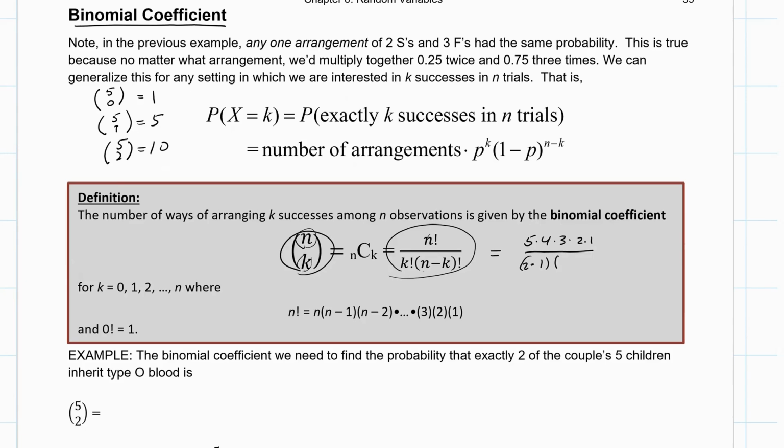And then n minus k factorial. Well, n is 5, k is 2. So n minus k factorial is 3 factorial, which is 3 times 2 times 1. And you see that these 3's, 2's, and 1's cancel. This 2 cancels with this 4. And indeed, you get 5 times 2, which is 10. And that's one way to find the binomial coefficient.